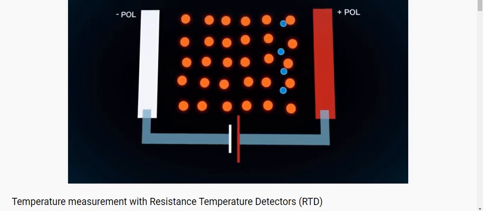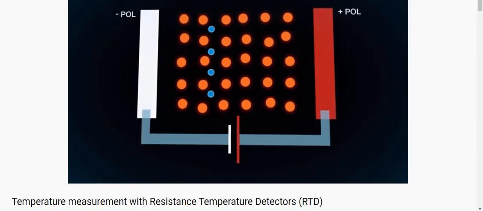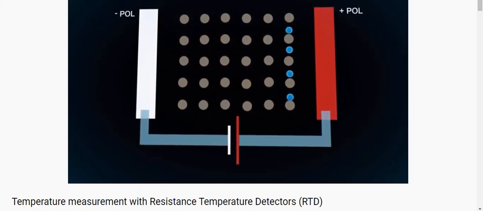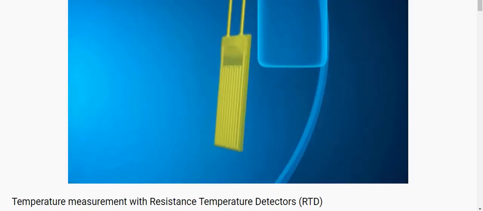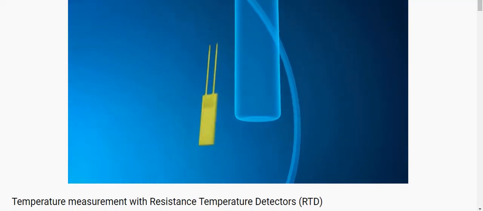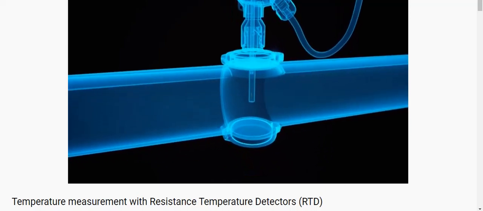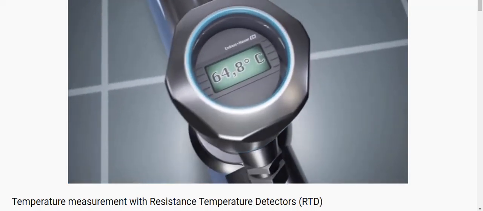A PT100 sensor has a resistance of exactly 100 ohm at 0 degrees Celsius. This value increases if the temperature rises and decreases if the temperature drops. The resistance measurement is passed on to an electronic evaluation unit known as a temperature transmitter.